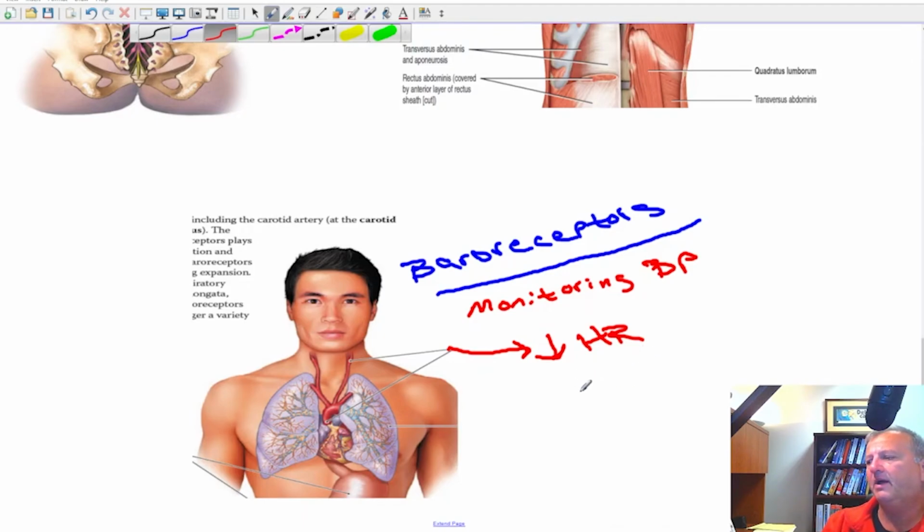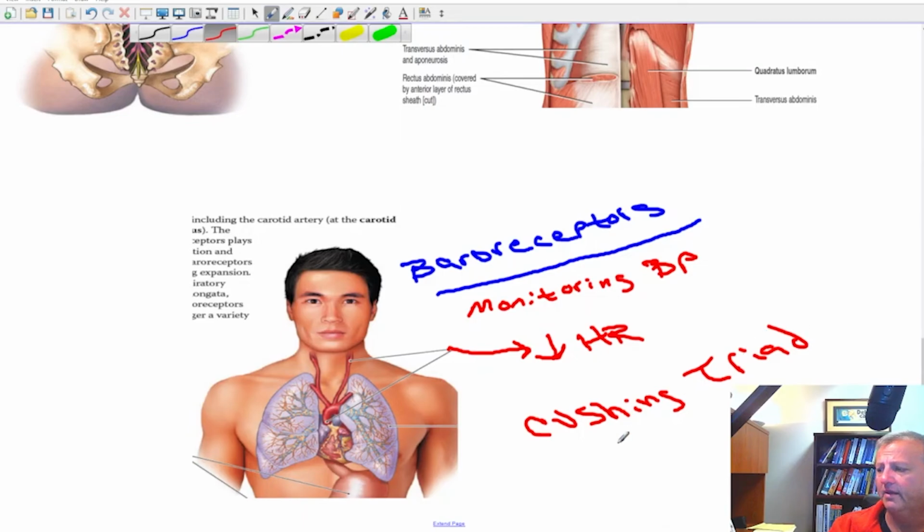We want to be out and about. You're getting this fight because there's brain damage, but that's why you have a low heart rate. So what is that called? Cushing's triad. We have an elevated blood pressure and a low pulse rate.